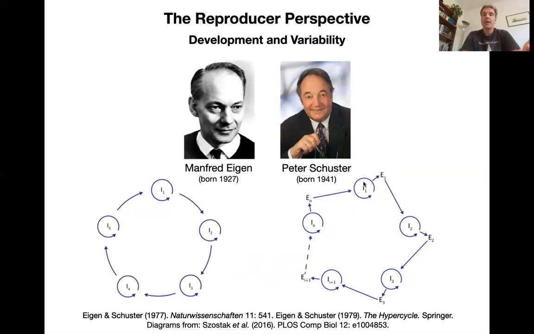But what you get is a self-reproducing bunch of enzymes, which Schuster and Eigen call the quasi-species of enzymes or catalysts. And this is pioneering work from the 70s, by the way. I mean, one of the earliest simple models of a self-making, self-reproducing chemical system.